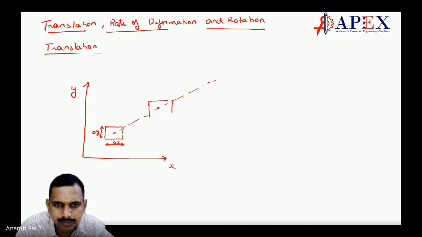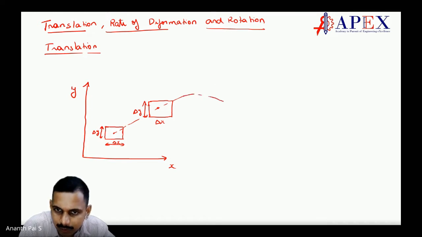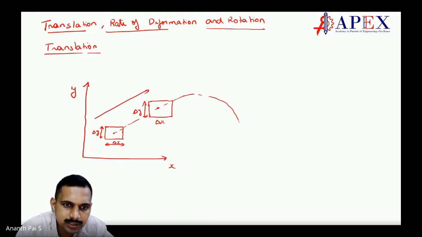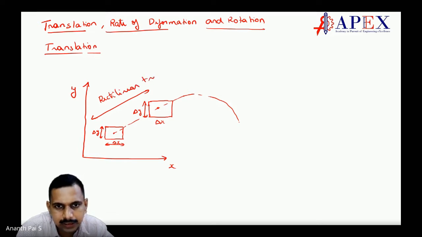There are two types of translation. One is where this delta y and delta x doesn't change. That is translation. It may move this way also, and go like this also. Till here it was a rectilinear translation.